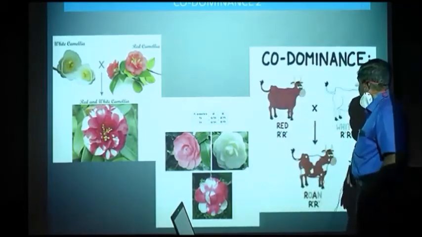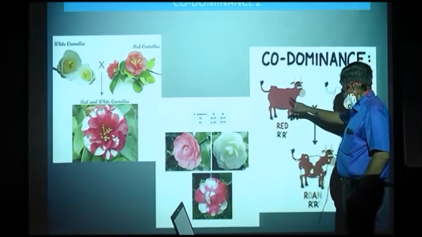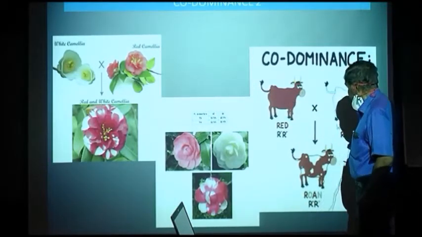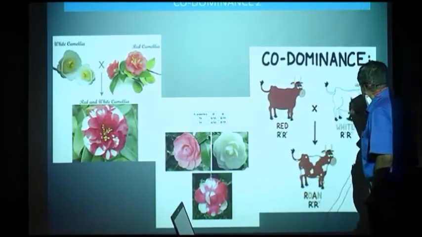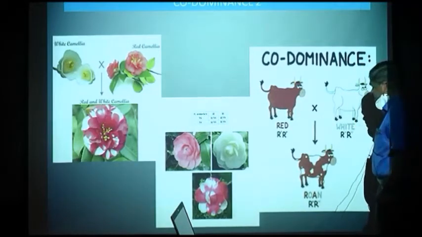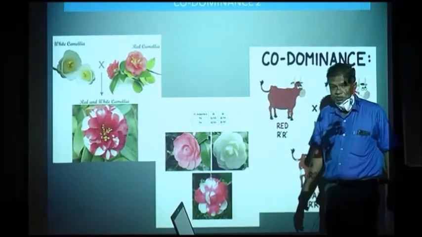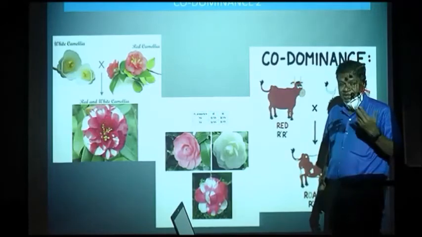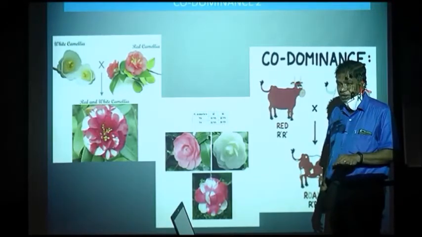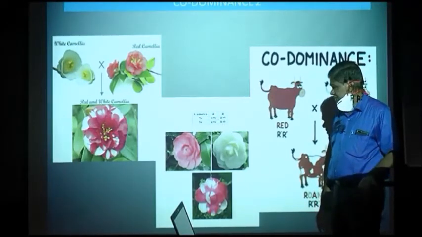Coming to another example of co-dominance, here in cattle, the skin color is red and white. When they are crossed, according to Mendel's principle, we should get 3 red, 1 white, or 3 white, 1 red.